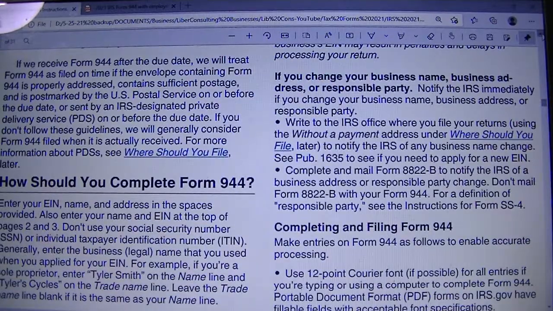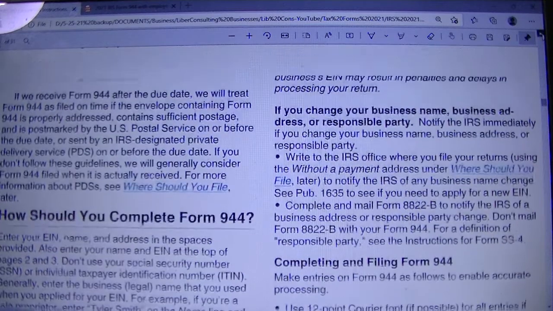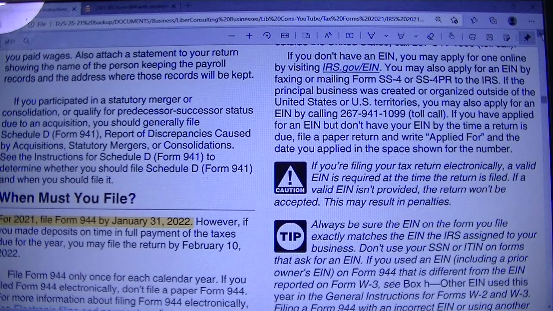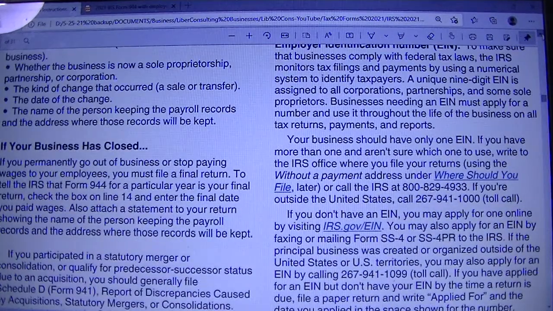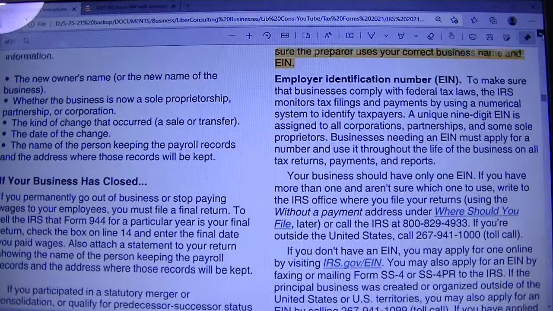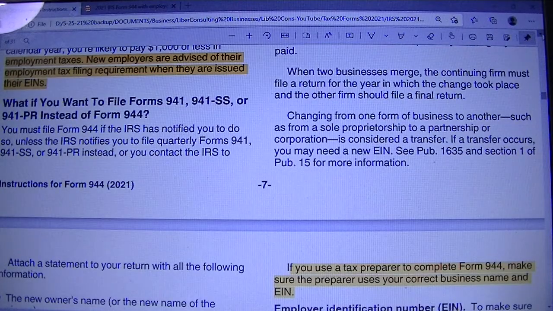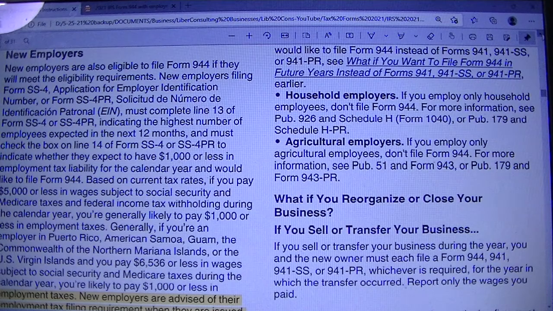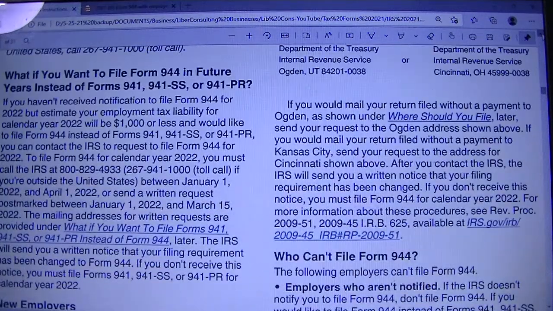If you want to make a deposit though, you'll find the information in the instructions, and I'm just looking for the right terminology here. I'm not sure if I should be going up or going down.